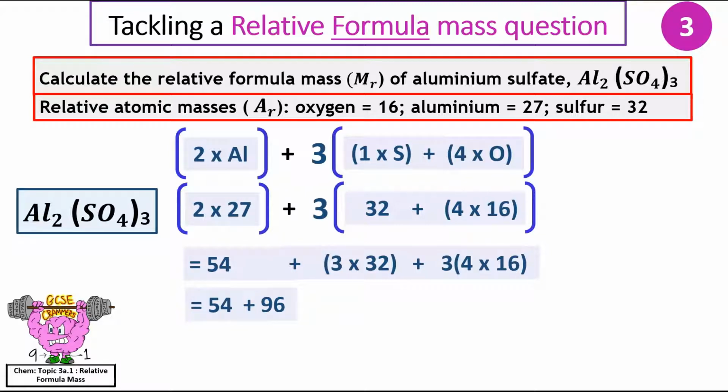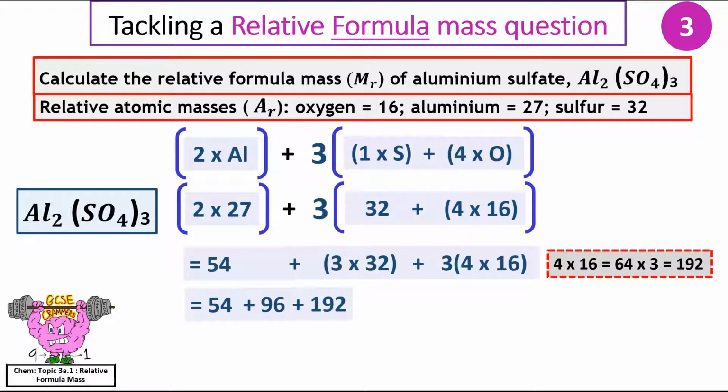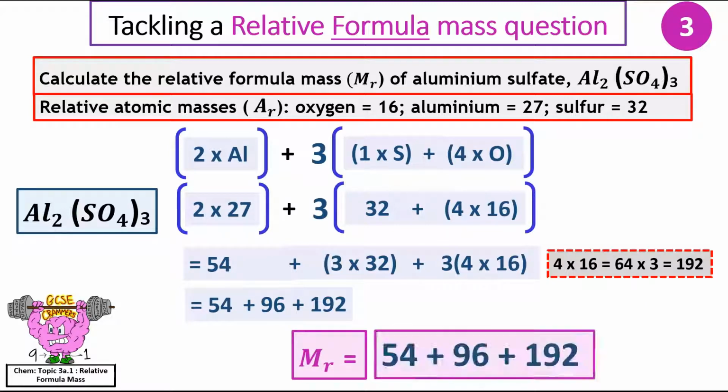Work out how much oxygen. 4 times 16 equals 64 times 3 equals 192, plus AR of oxygen equals 192. You can now work out the relative formula mass by adding together 54 plus 96 plus 192, which equals a relative formula mass of 342.